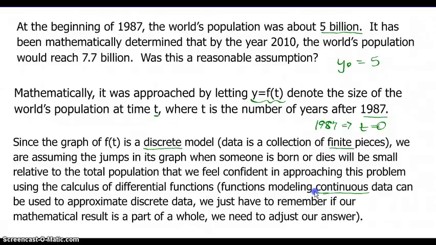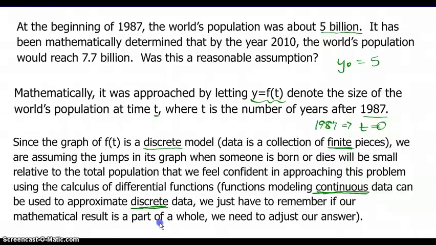Now, calculus is a continuous mathematics. It doesn't really take into account the fact that we have finite individuals in our population. So we are going to have to understand that we are using a continuous mathematics to approximate discrete data.